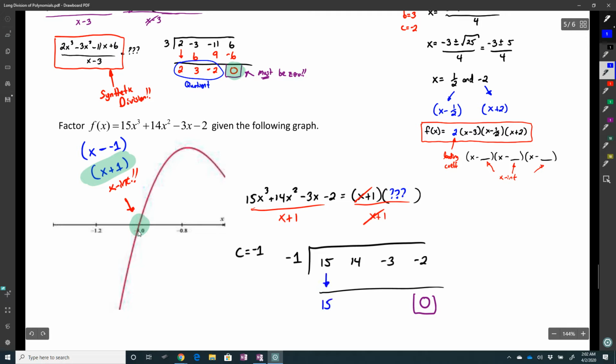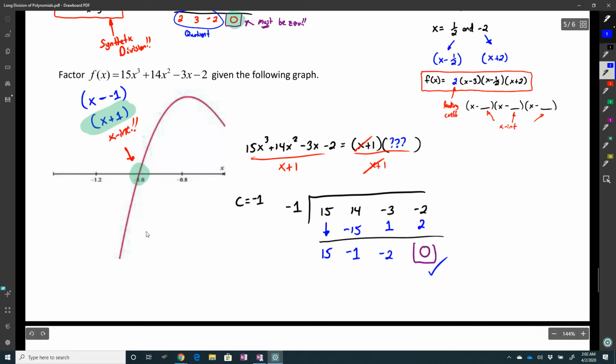So 15 times that is -15, -1, +1, -2, +2, and notice that everything checks out. So this is the other factor. So remember, this is 15x squared minus x minus 2.